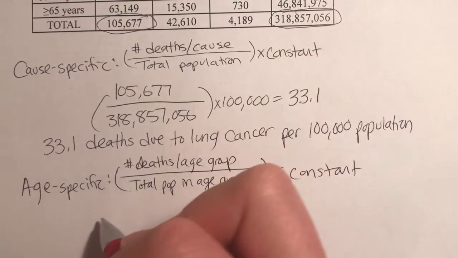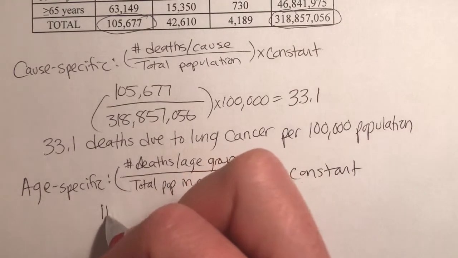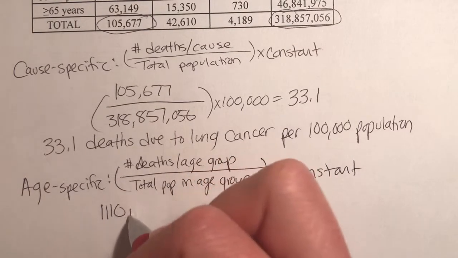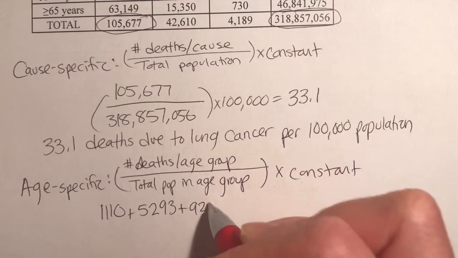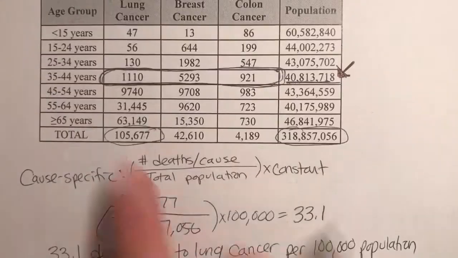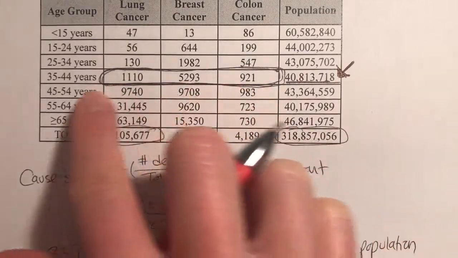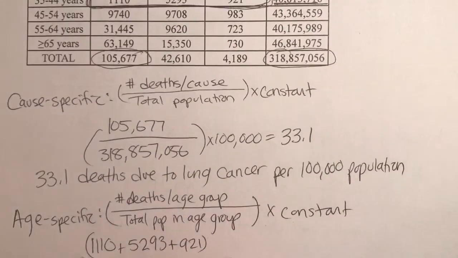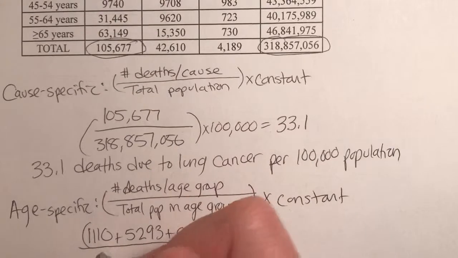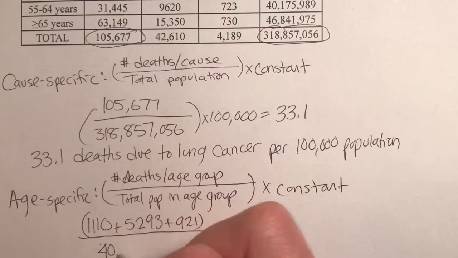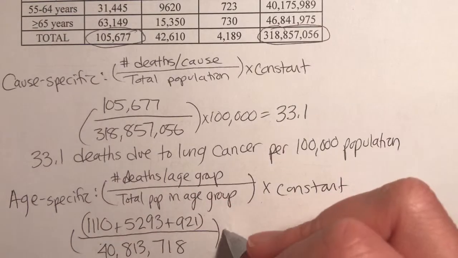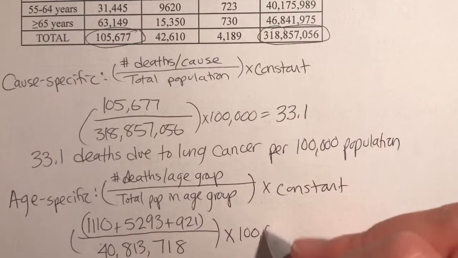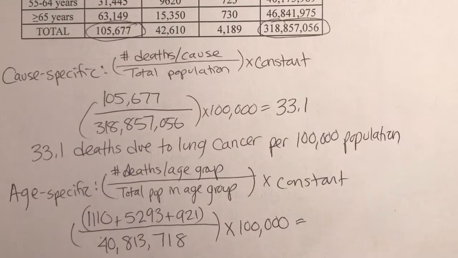Okay, so in this example, we're going to have on top 1,110 plus 5,293 plus 921. Okay, so again, we're taking all the deaths that occurred in this age group, and then we're going to divide it by the total population in that age group, which was 40,813,718 times our constant of 100,000.